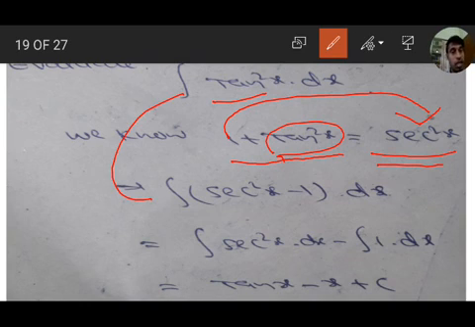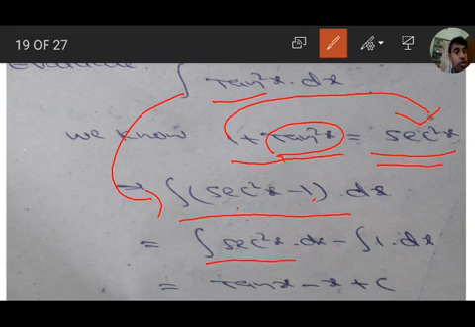Therefore we get integration of sec square x minus 1 dx. Here 2 functions: integration of sec square x dx minus integration of 1 into dx. Both are formulas: integration of sec square x is tan x, integration of 1 is x, so minus x plus c.